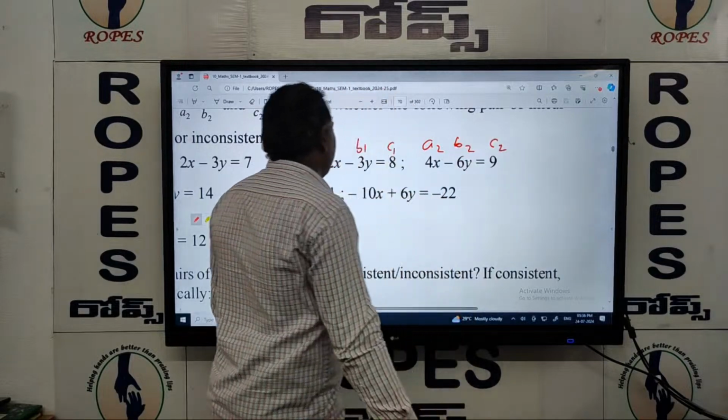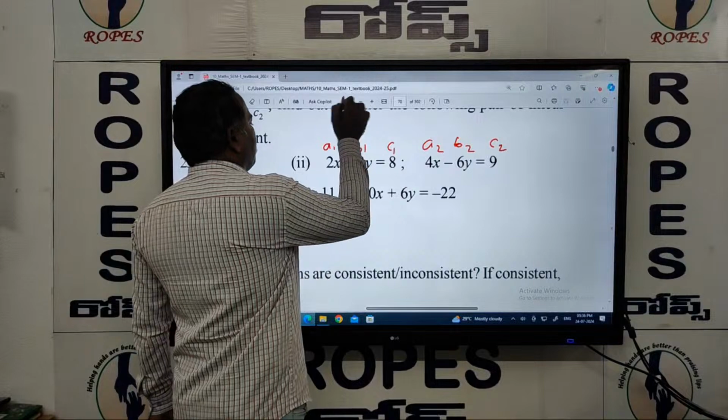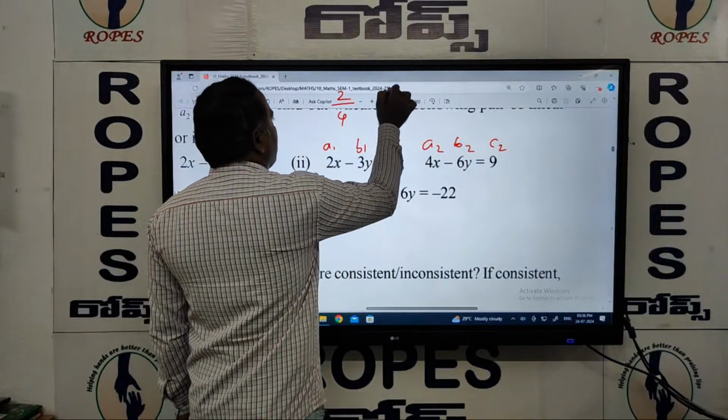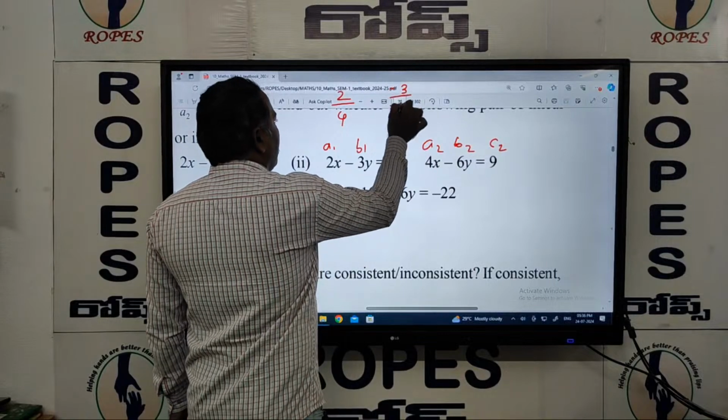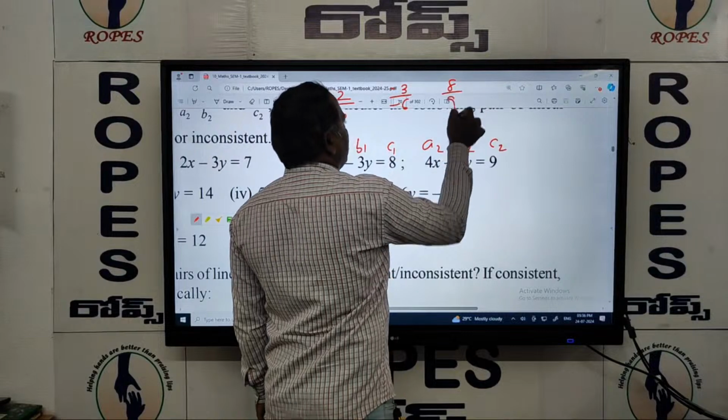These are the values of coefficients. Now A1 by A2 means 2 by 4, B1 by B2 means minus 3 by minus 6, and C1 by C2 means 8 by 9.